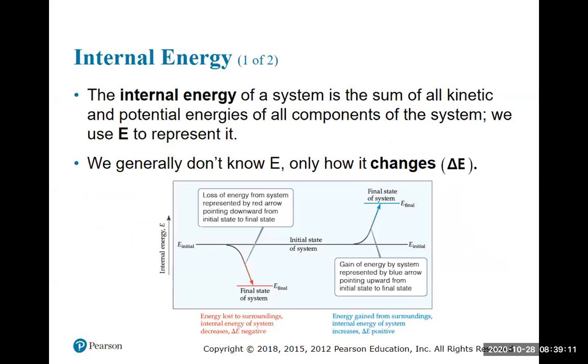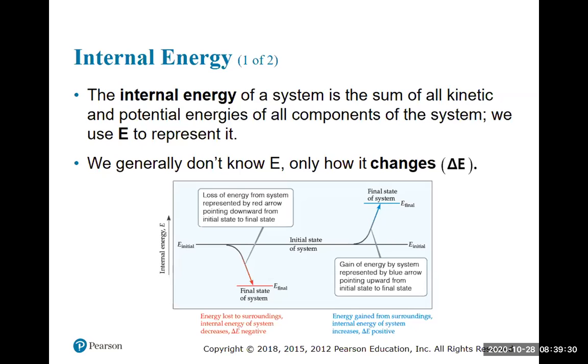We introduced the concept of internal energy, designated by the letter E. Typically we talk about changes in internal energy, so delta E. Once again, that's energy going out of or into the system.